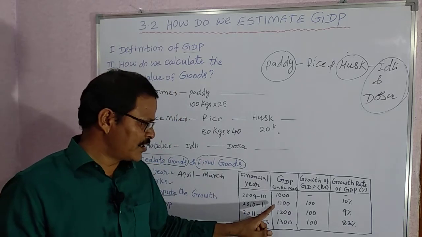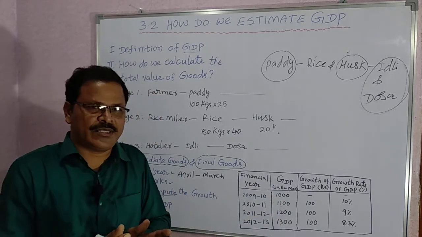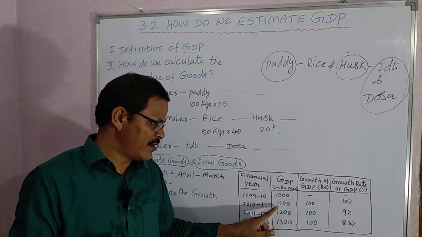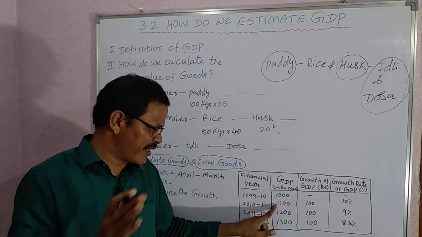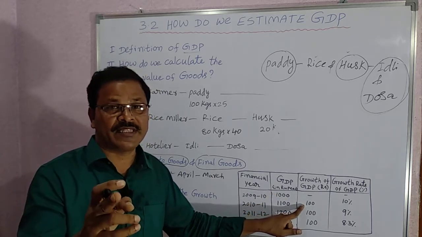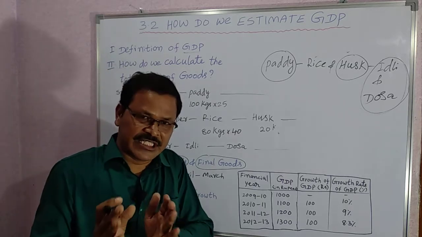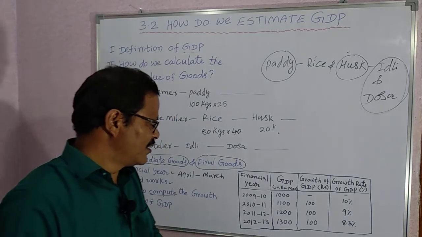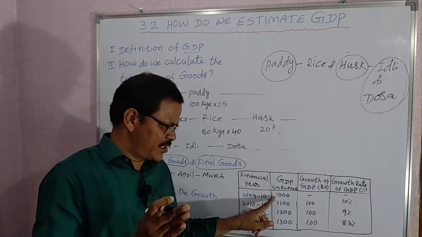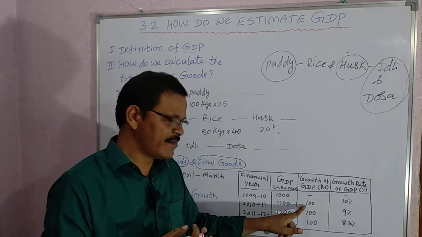What is the difference? 1,100 rupees minus 1,000 rupees is equal to 100 rupees. That is the growth of GDP. The previous year's GDP is 1,000, and the growth in the next year is 100.